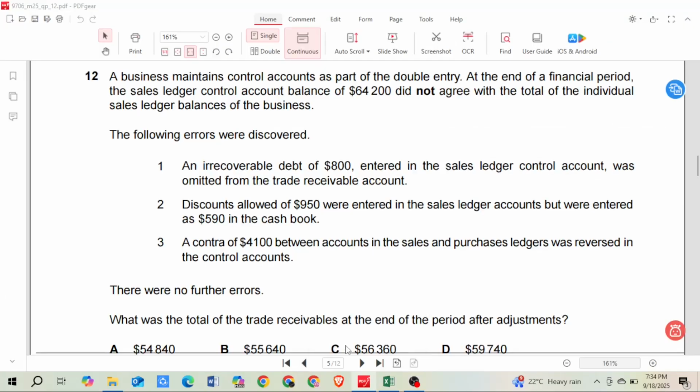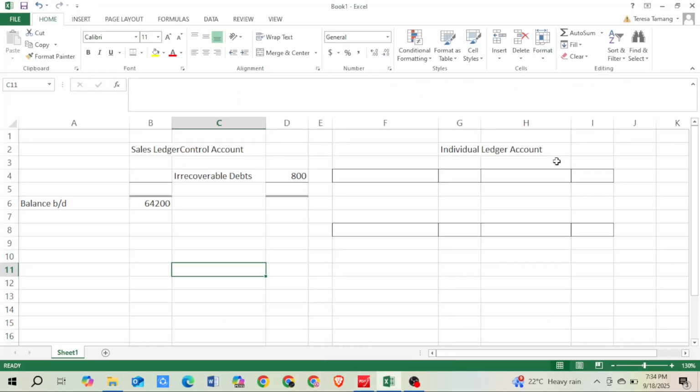Number two, the second error is that a discount allowed of 950 was entered in the sales ledger account but was entered as 590 in the cash book. So what does this mean? We allowed discount, and discount allowed would decrease the trade receivables. This is already entered in the sales ledger account, which means the individual ledger.